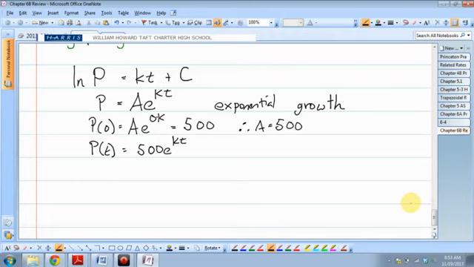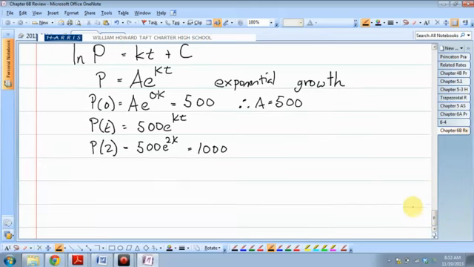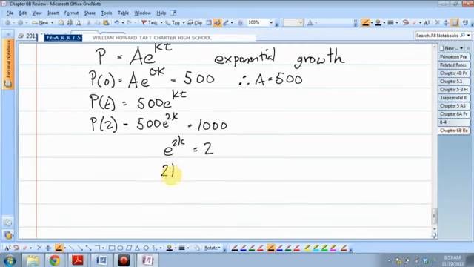2 hours later, there are 1,000 bacteria. Now we can solve for k. We have e to the 2k equals 2, so 2k equals natural log of 2, and k is 1/2 natural log 2.